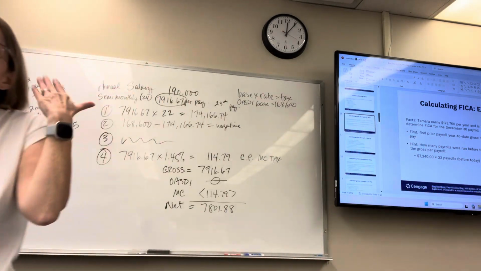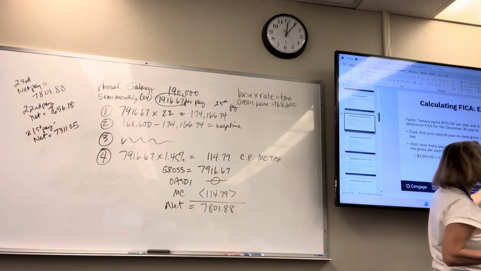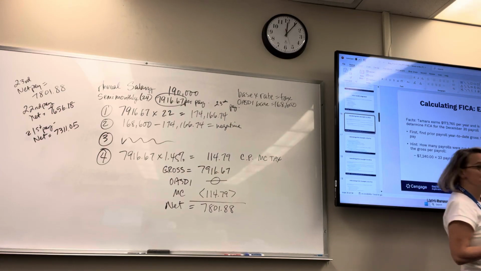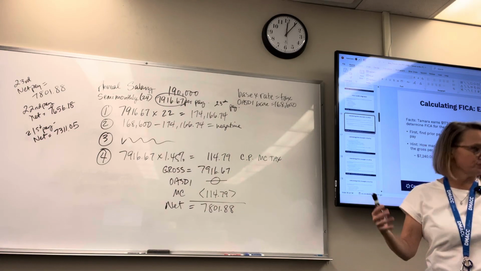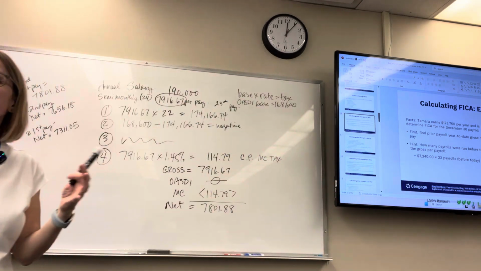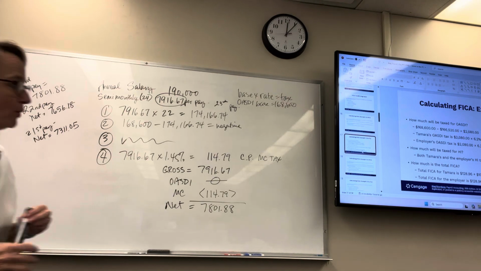You can do that in your head, intuitively: she made $166,520 up to the last pay period, and now she's making $7,240. Well, obviously, that's going to get her above the $168,600, right? You can do that in your head to know that she's in that pay period. It takes a little bit more to figure out what the exact tax is, though, at that point.